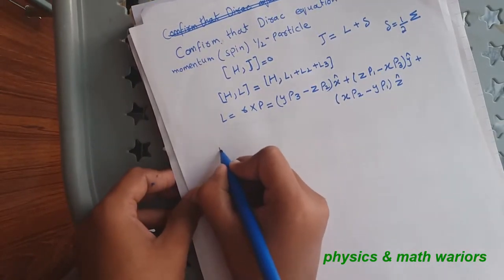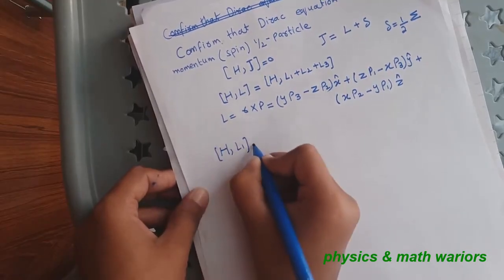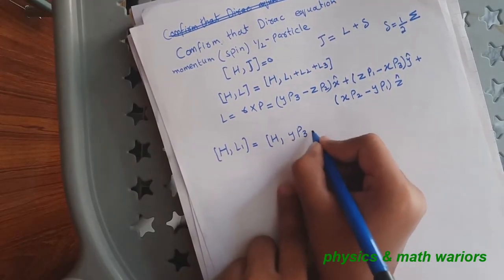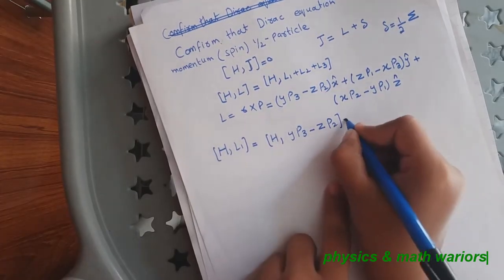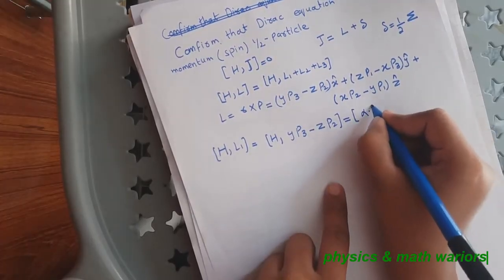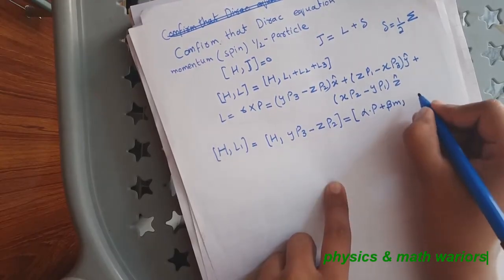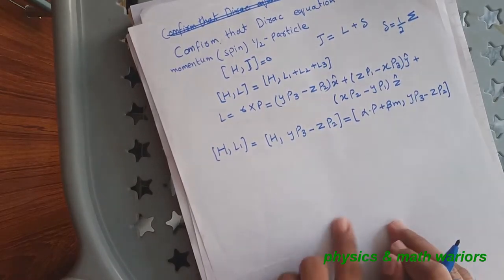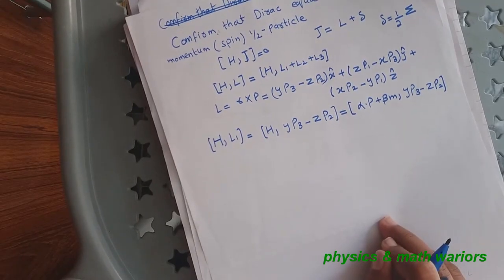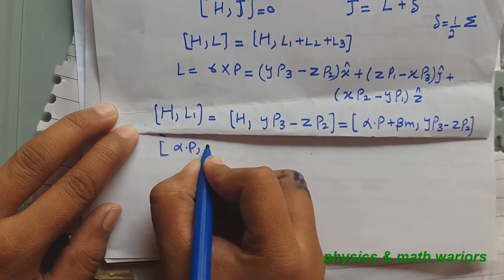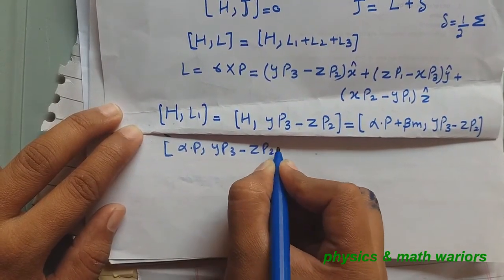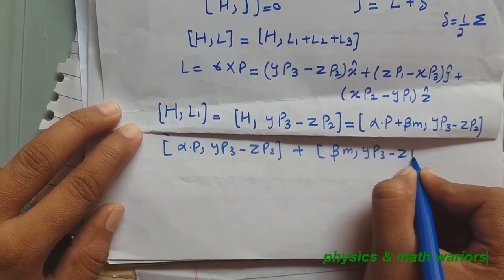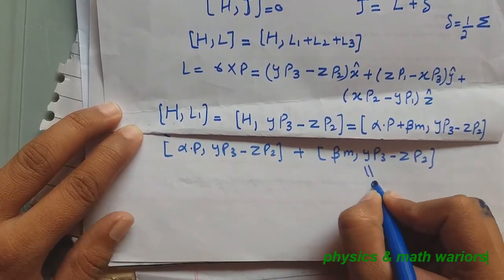First of all, we take the commutator of H and L1, which is equal to the commutator of H and (Y P3 minus Z P2), where H is equal to alpha dot P plus beta M. This is equal to the commutator of alpha dot P and (Y P3 minus Z P2) plus the commutator of beta M and (Y P3 minus Z P2), and the commutator of this second term is equal to 0.